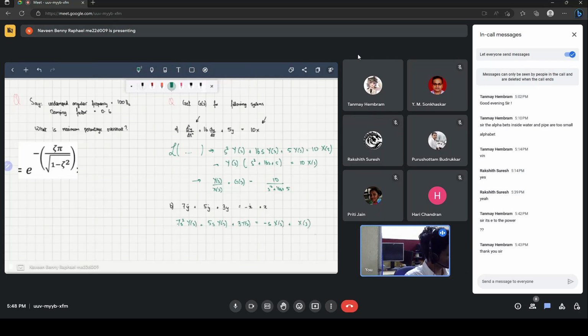Taking X of s common on the right hand side and Y of s on the left, we get Y of s multiplied by 7s square plus 5s plus 3 is equal to X of s times 1 minus s. Remember, G of s is output by input, and output is Y of s, input is X of s, so we want Y of s by X of s, and that gives us 1 minus s by 7s square plus 5s plus 3. I hope that made sense.